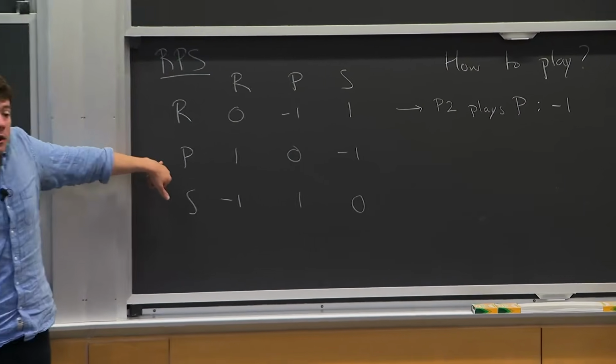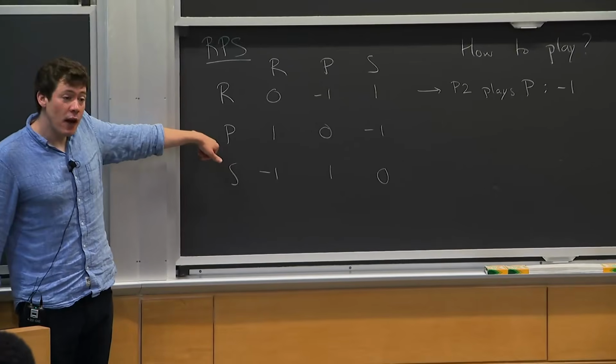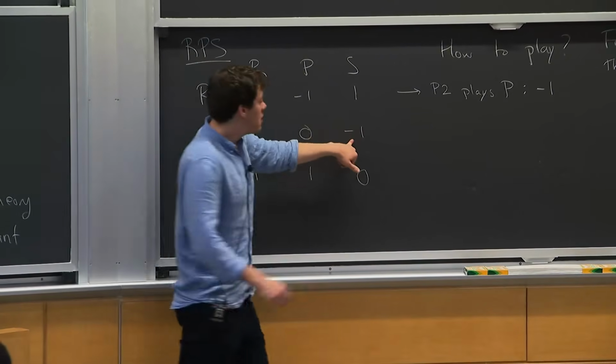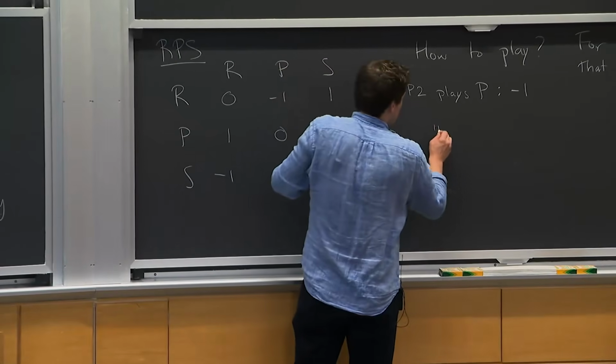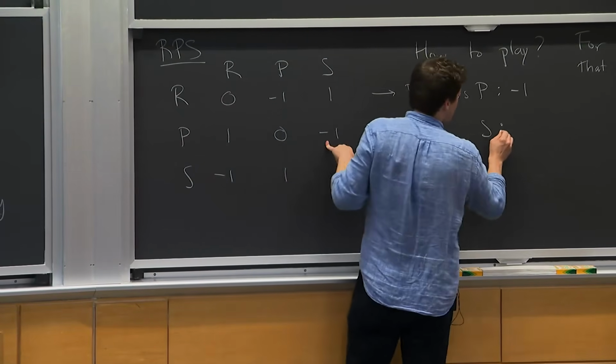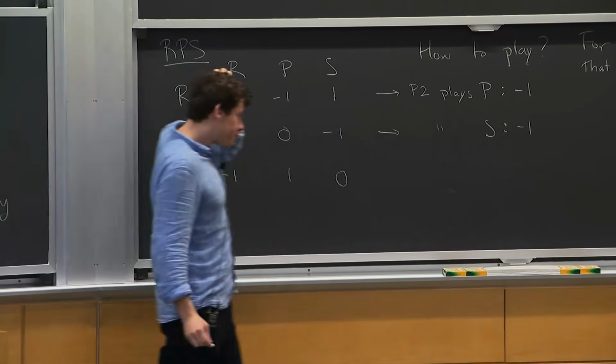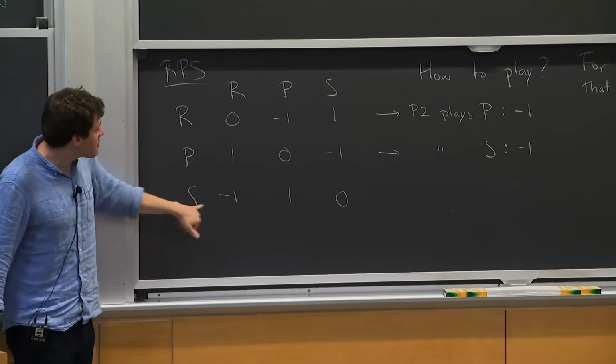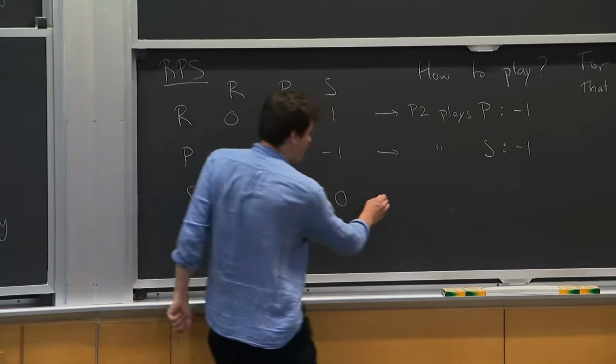Similarly, if I play paper, again, the worst thing is pretty bad. If I play paper, then my opponent could play scissors. And then again, my payoff is -1. And symmetrically, if I play scissors, my opponent could play rock, and I could get a payoff of -1.